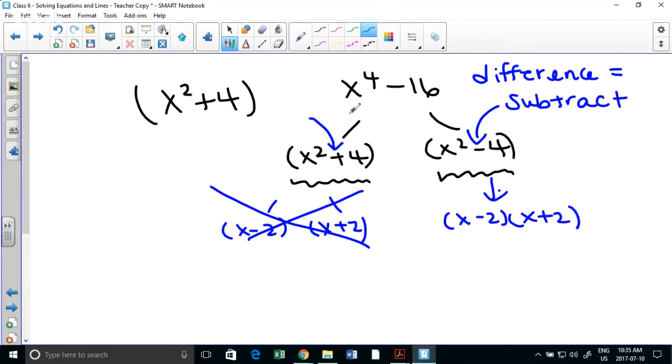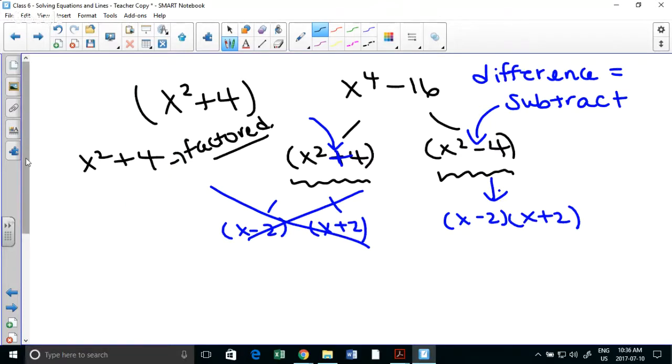This is not a difference of squares because it's not a difference, it's a sum of squares, and there is nothing you can do. If you try to factor this, you go through your tools. There's no GCF. You can't factor by grouping. It's not a trinomial. So the only thing you're left with is, is it a difference of squares? Which it's not. So this is factored. There's nothing you can do here.